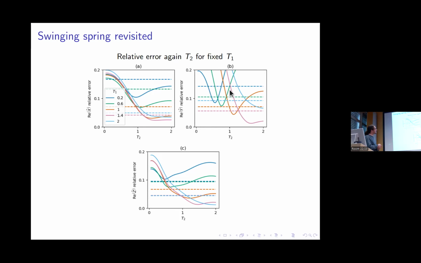But you do get an increase in the accuracy for larger second averaging windows. So, for example, if we look at an initial averaging window of T1 equals 0.6, you start with a worse approximation, and then as the window grows, you end up with a much better approximation. Is it because of the overcorrection?